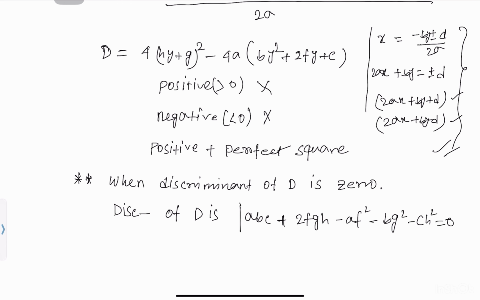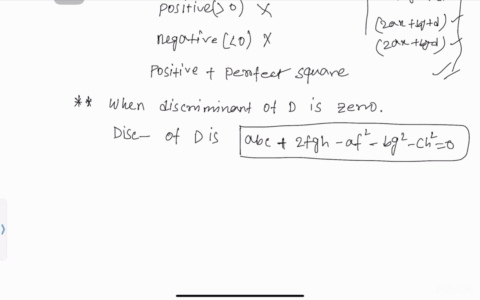This is the discriminant of quadratic equation d. You can write this in determinant format: a h g, h b f, g f c equal to 0. Both are equivalent.